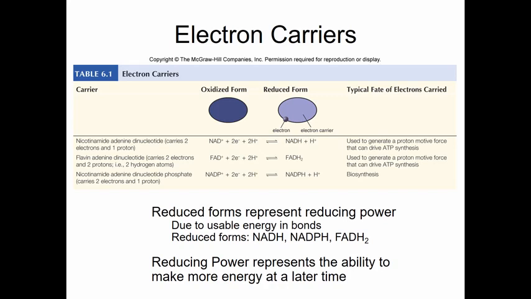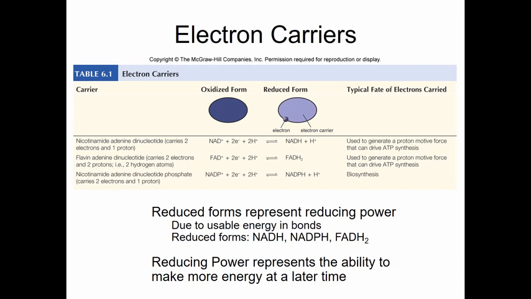So what's happening here is that you're going from this positively charged electron carrier. In each case, it's accepting 2 electrons, and it's taking 2 hydrogen ions. And it's giving you these reduced forms of NADH, FADH2, and NADPH. All it is is a carrier of electrons. It's helping to move the electron from one spot to the next.